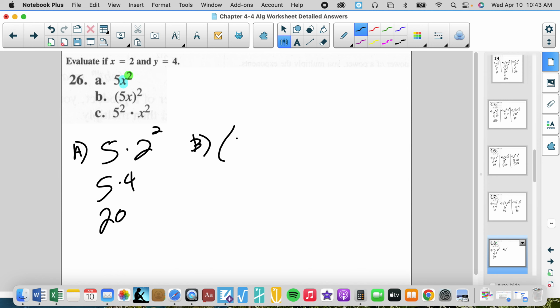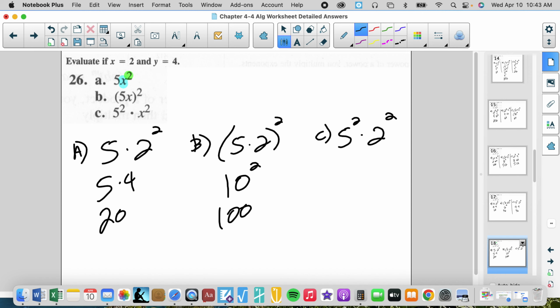B is going to be quantity of 5 times 2 to the second. We're going to do the grouping symbols. 5 times 2 is 10 to the second, which is 100. And then we'll do C, which is 5 squared times 2 squared. Those are not like bases, so we have to simplify the exponents. That's 25 times 4, which is 100.